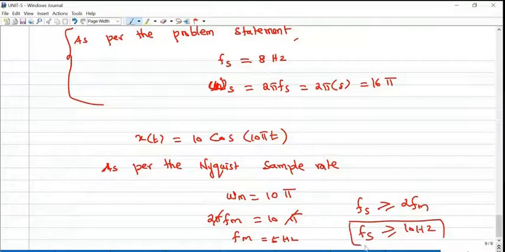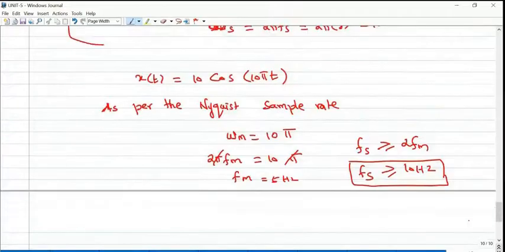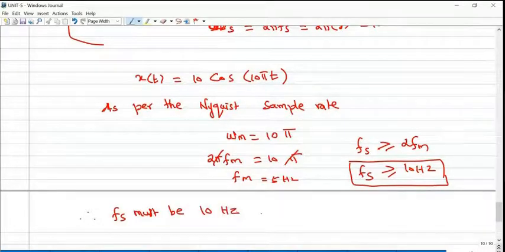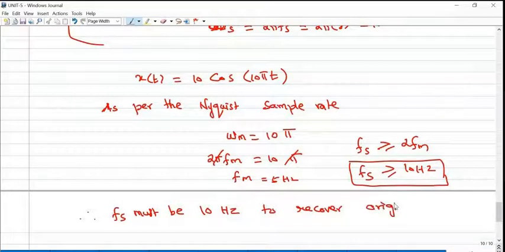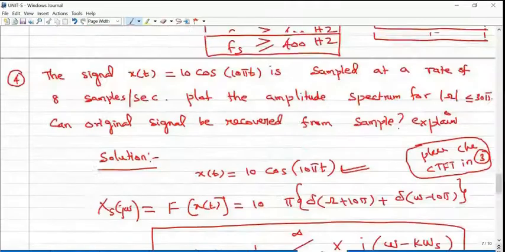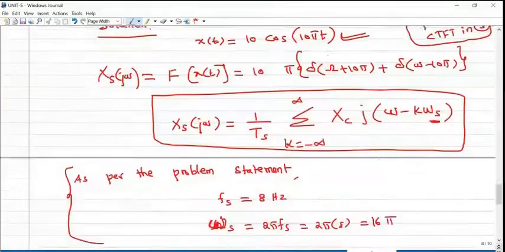As per the Nyquist sample rate, therefore, Fs must be 10 hertz to recover the original information. But what is the sample rate they have taken? 8 samples per second.